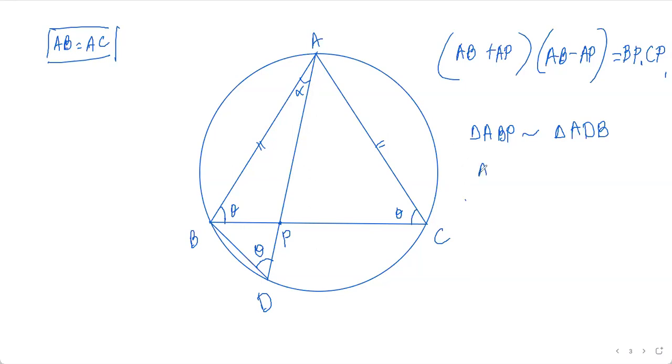And from these two triangles, you'll be getting AB by AD is equal to AP by AB. And you are getting AB square is equal to AP times AD.